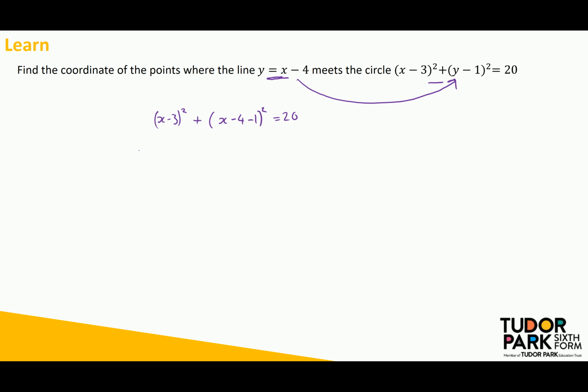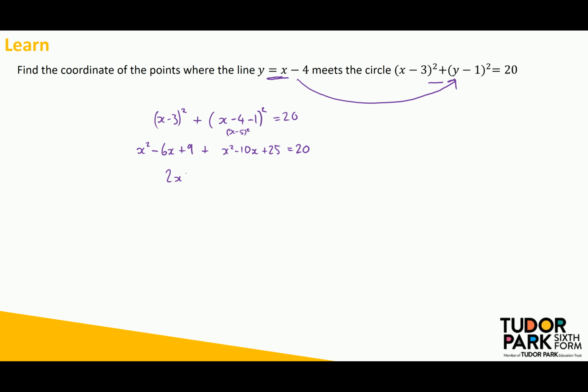Expanding the brackets using my rule of square the first term, twice the product terms, so x times negative 3 is negative 3x, double that is negative 6x, plus 9, plus this becomes (x minus 5) all squared.